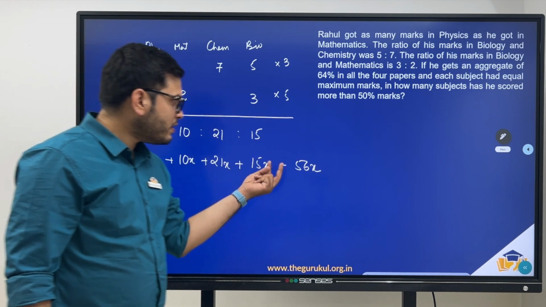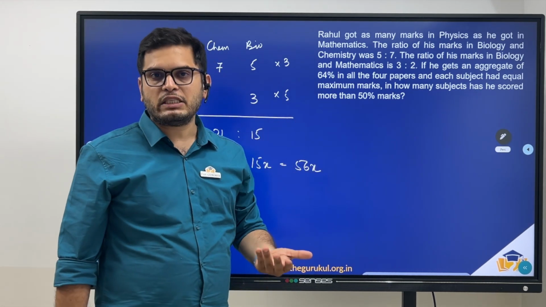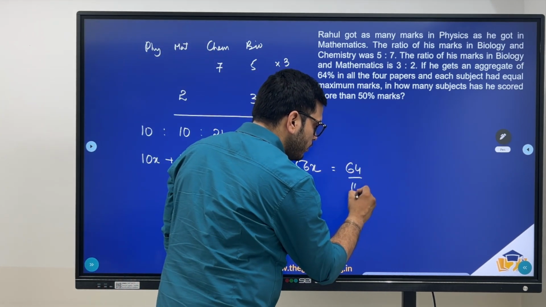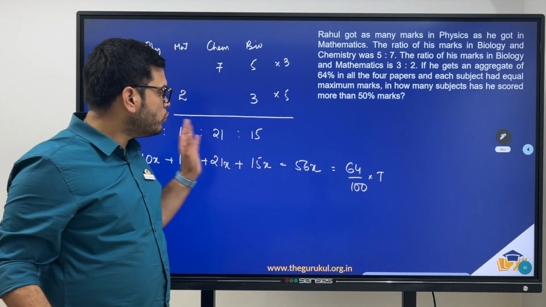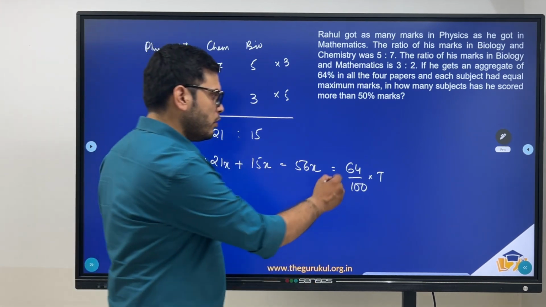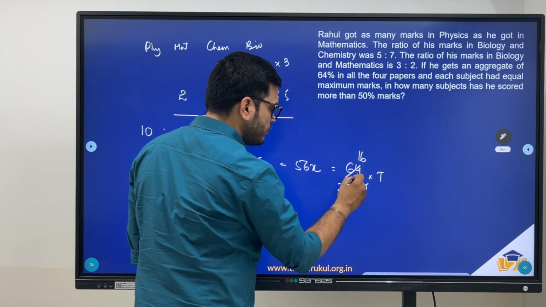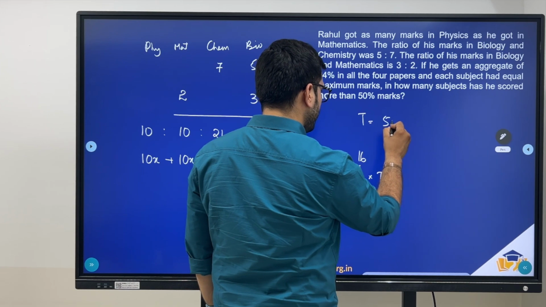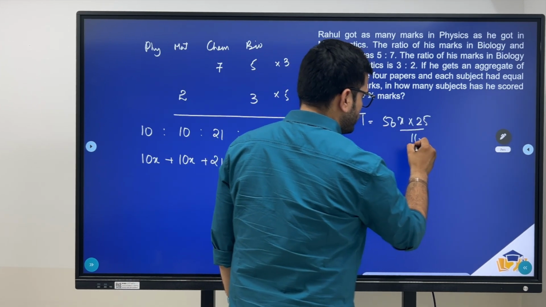Now 56x is nothing but 64% of the total maximum marks. So this should be equal to 64 by 100 into t, where t is the total of maximum marks in these 4 subjects, right? So t is equal to 56x into 25 by 16.